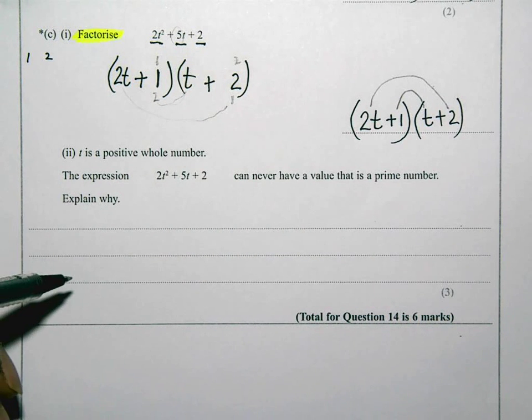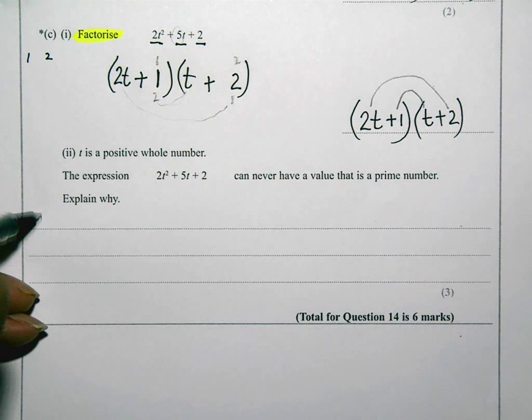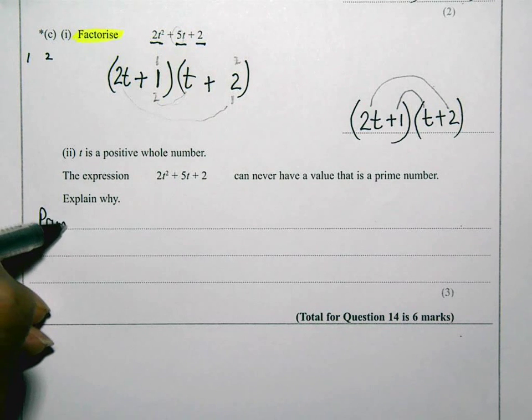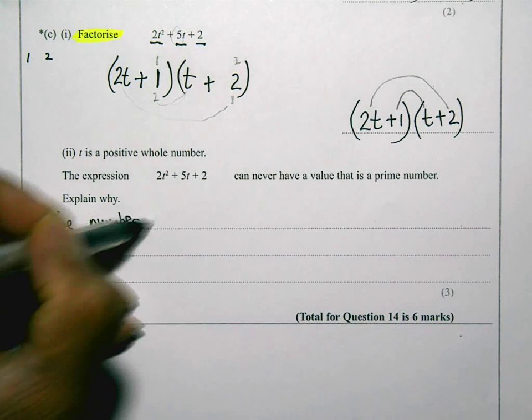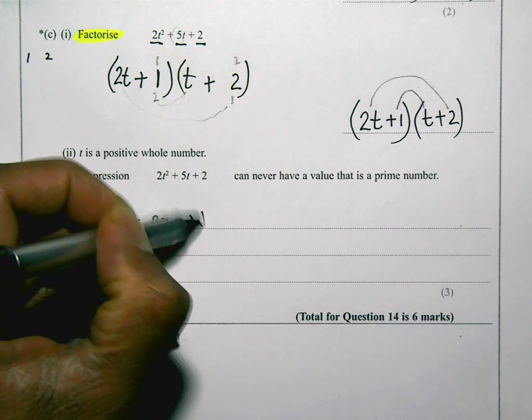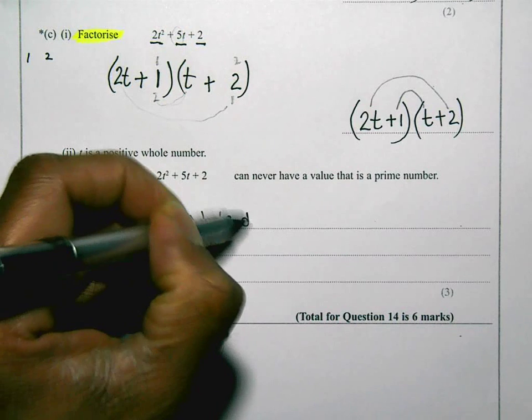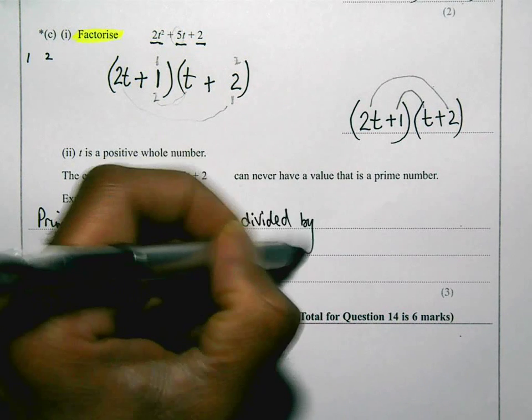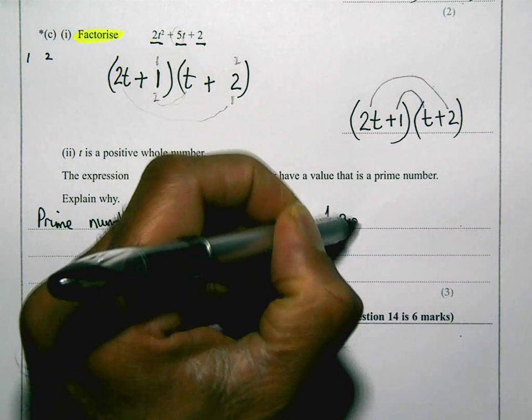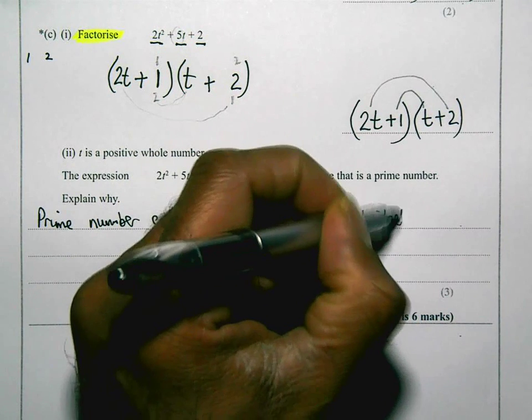A prime number can only be divided by 1 and itself. So it only has two factors, 1 and itself.